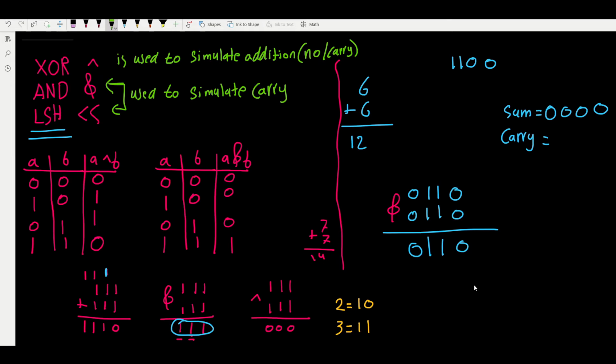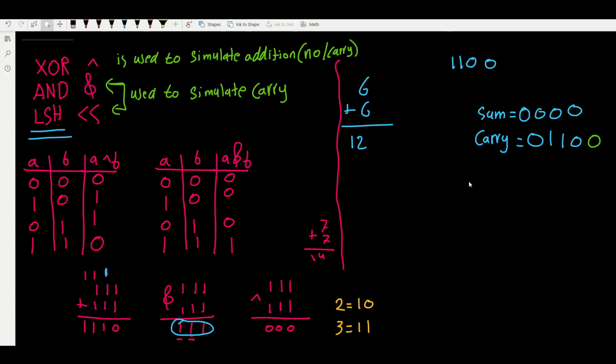Which means we will have this number right here, 01100. As you can see, we have the same number, but we left shifted it by 1 position. So this will be the carry. Now we have the sum and we have the carry, and we left shifted it, so the carry is ready to use.